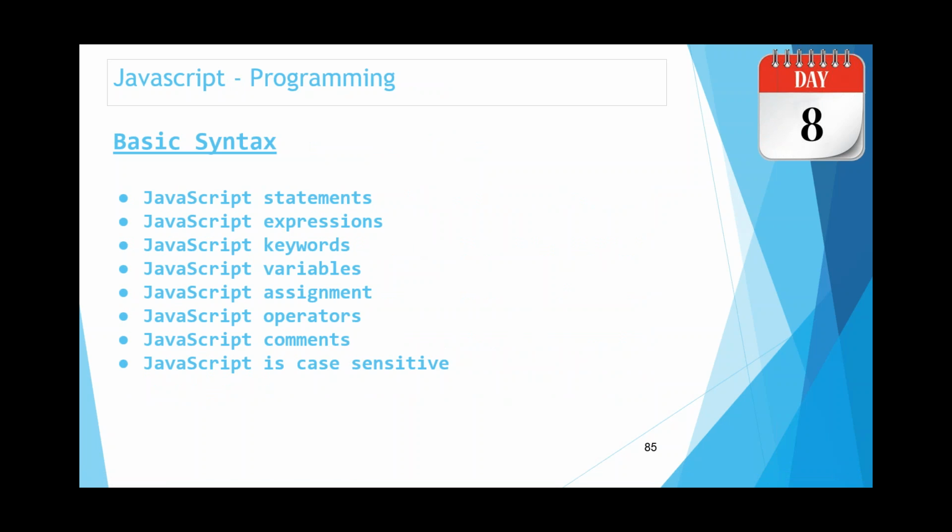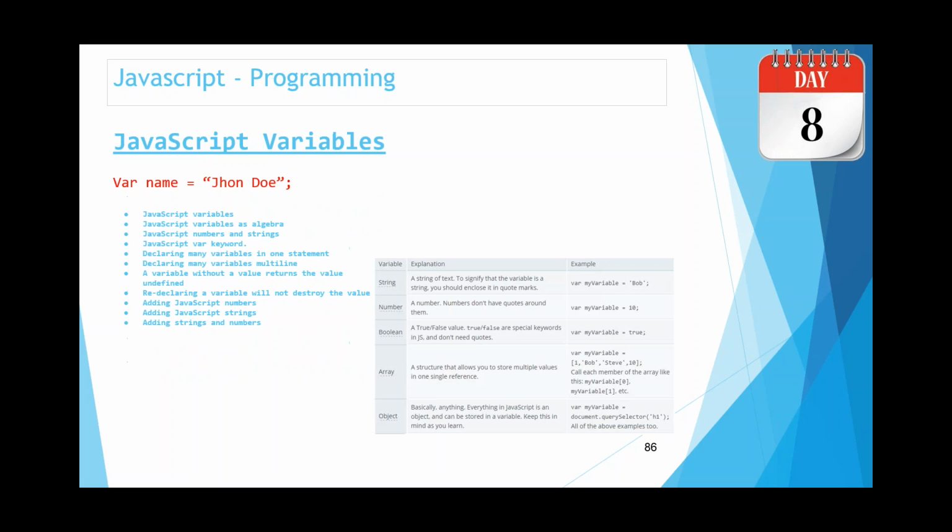Case sensitive means if you have given a variable name in all capital letters, you cannot use it in small letters. You have to use the same case throughout your application. These are the basic things of JavaScript.